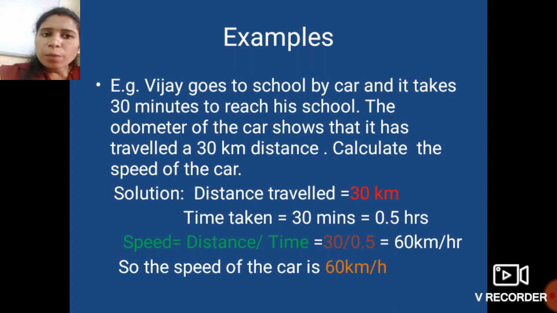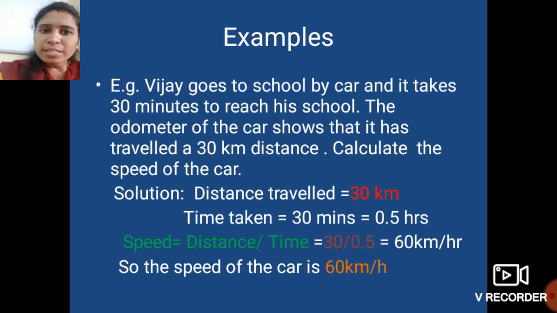The odometer of the car shows that it has traveled a 30-kilometer distance. Okay students, what is an odometer? We have seen in the previous session that the odometer shows how much distance is traveled by a car. And the speed of that vehicle is shown by the speedometer.